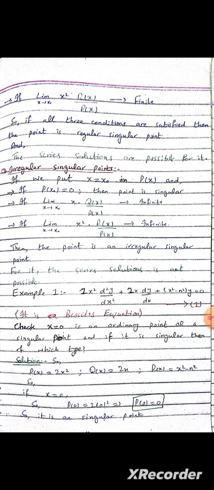Here 2 is a misprint. So p of x is equal to x square, q of x is equal to x, r of x is equal to x square minus n square. So if we put x is equal to 0 in p of x, then we obtain p of 0 is equal to 0. Then it shows that it is a singular point.